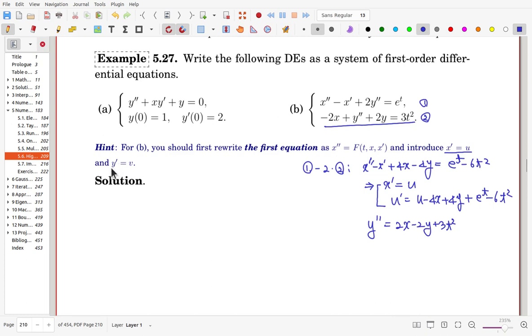By using the new variable y prime is v, here y prime equals v, there's one equation, and again v prime, which is y double prime, so v prime equals this portion, 2x minus 2y plus 3t squared. So we have 1, 2, 3, 4 differential equations. So the original problem is equivalent to the system of these 4 first order differential equations.